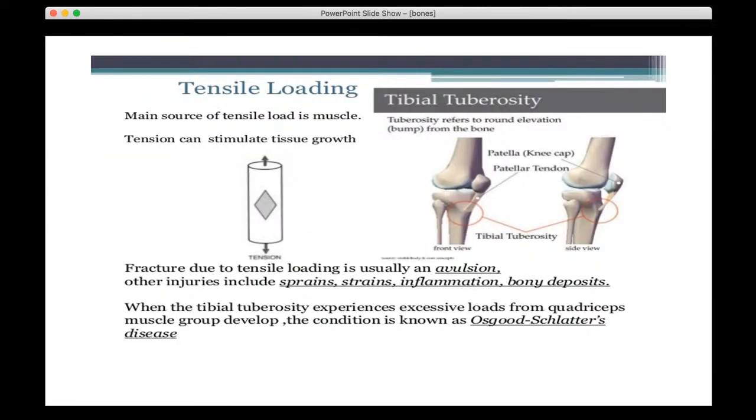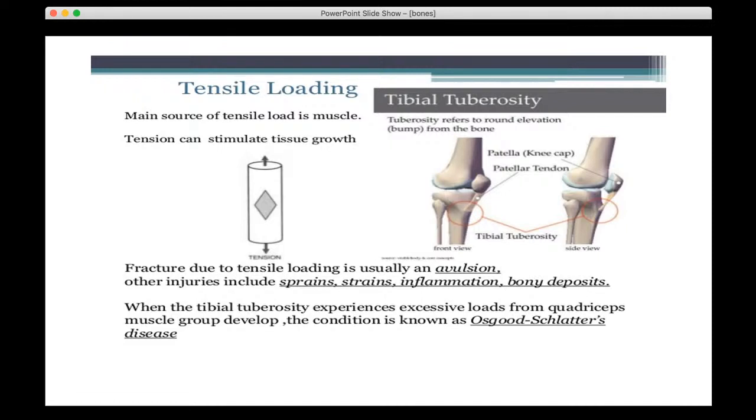Then tensile loading, or tension stress, which is usually applied by muscles. These are the compressive ones which you can see. The main source of tensile load is your muscles. Tension can also stimulate tissue growth, but that is a different part. If you do excess muscle pulling, that will lead to sprains, strains, inflammation, and avulsion fractures. One example is tibial tuberosity, which you can see here.